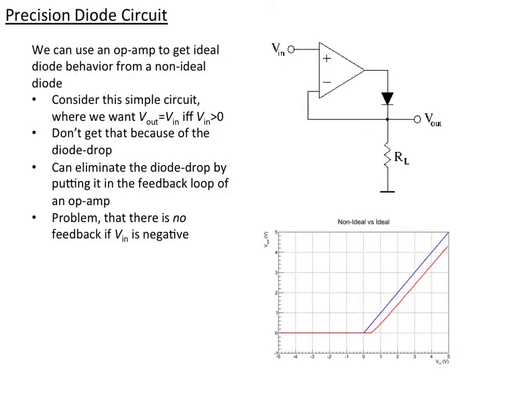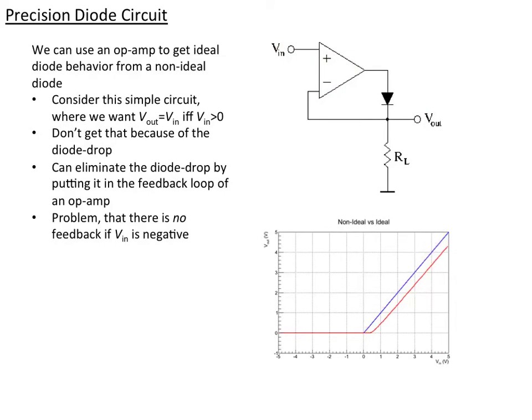Well, we can stick in an op-amp between V in and the diode, and then the diode is on the negative feedback part of the loop here. So if V in is greater than 0, the op-amp will use its negative feedback to make these two voltages the same, so V out has to be the same as V in, and we'll get the blue line coming here.